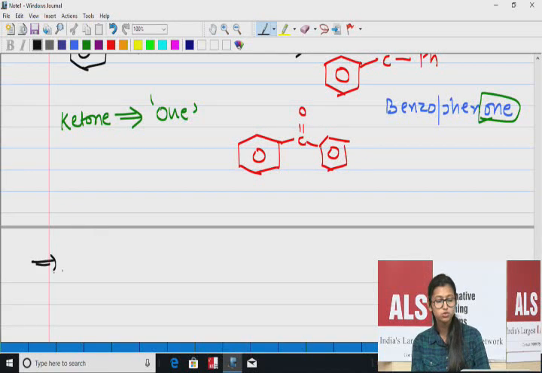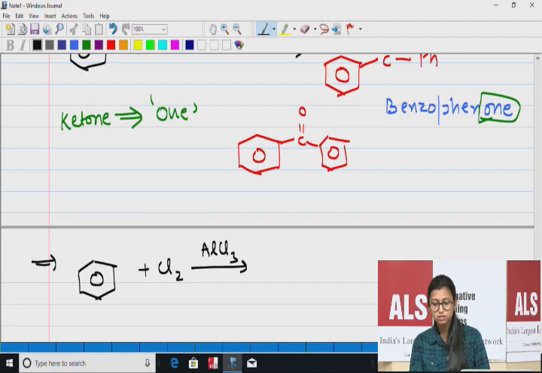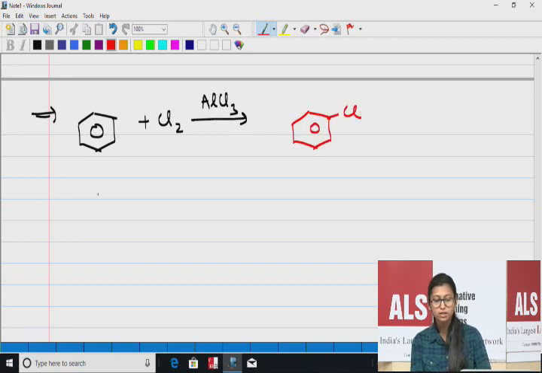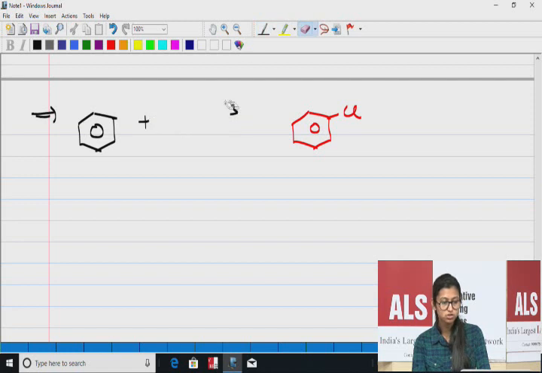If a benzene is reacting with a halogen in the presence of a catalyst, the Lewis acid, you will get a chlorine there.